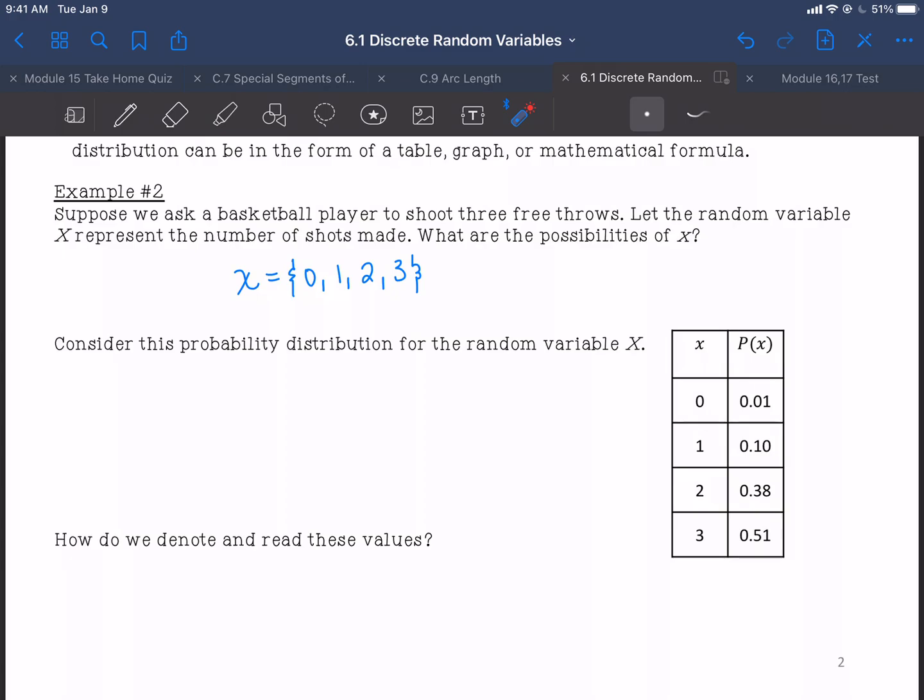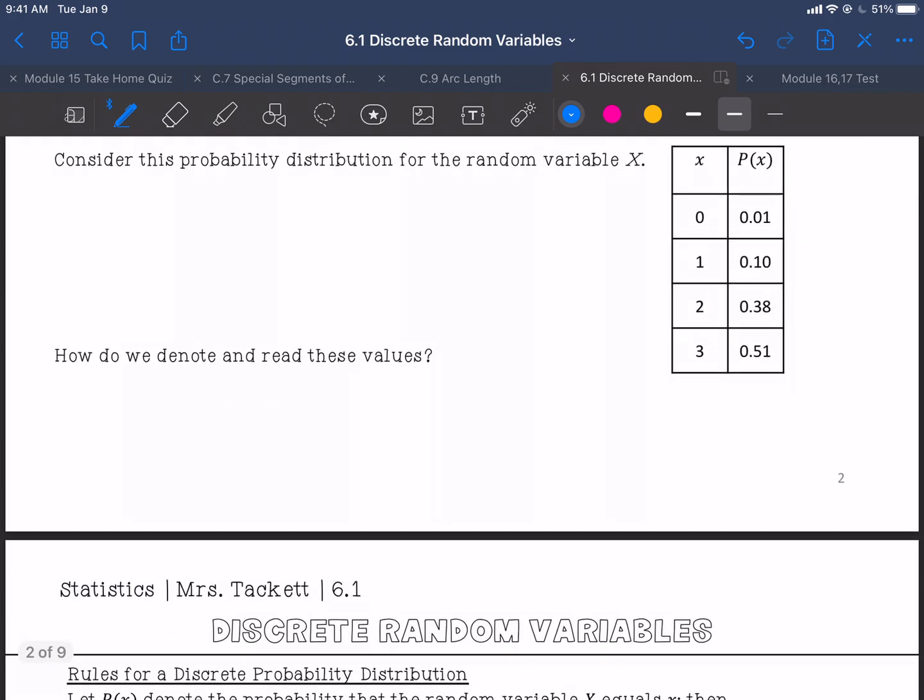So how do we denote and read these values? Well, P of x is representing the probability that the random variable capital X equals lowercase x.